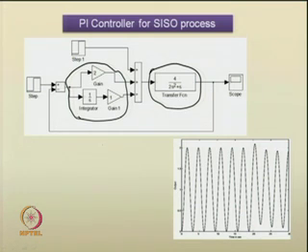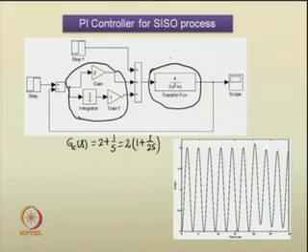The PI controller can also be written as GC(s) equal to 2 plus 1 by s, which in the standard form becomes 2 times (1 plus 1 upon 2s). So, the integral time constant becomes 2 seconds.